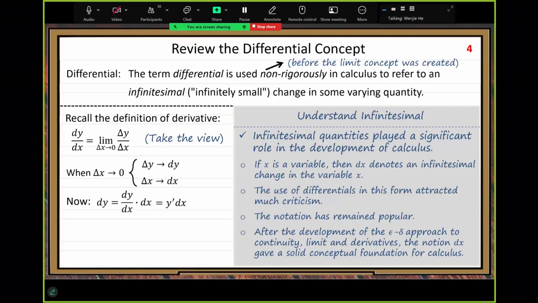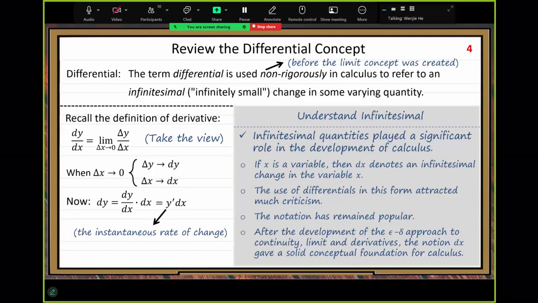So you put it into the picture. You need to use this concept to help you understand the question. Later I will give you an example. We need to use the differential concept to set up an equation.